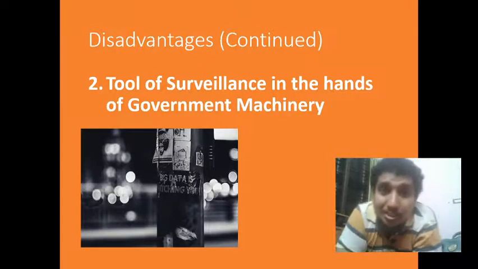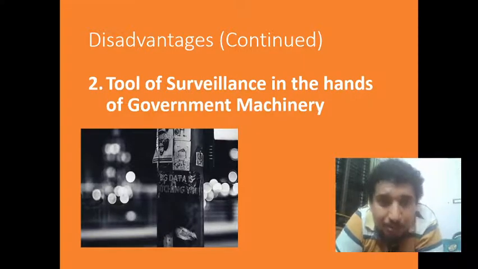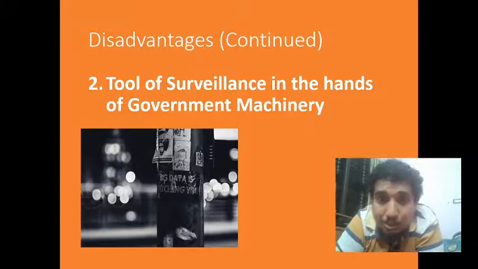Tool of surveillance in the hands of government machinery. Now I can speak about it because many of you have turned in your assignment. Governments can use this for surveillance if they want to. A lot of CCTV cameras with these smart cards can be placed at various places to know whether people are engaging in anti-government activities. This is happening already in certain foreign countries such as Russia.